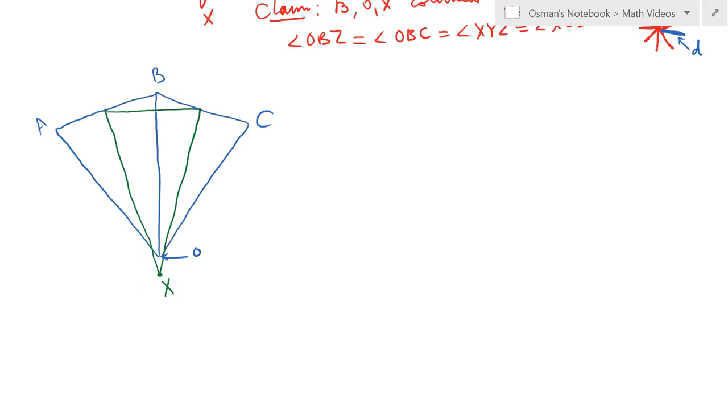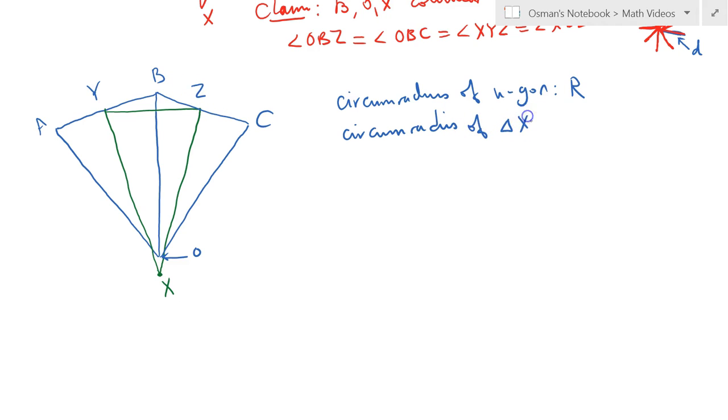Let me make a couple of observations. First of all, the circumcircle of the n-gon has circumradius, let's call it capital R. And the circumradius of any given little triangle, but in particular XYZ, let's call it little r.